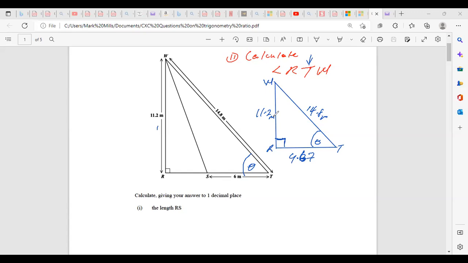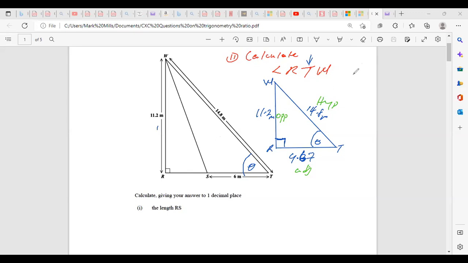So the question I ask you now, if we label the sides, opposite, hypotenuse, and adjacent, we ask ourselves, which two sides am I given? I'm given more than two sides. So basically I can use any formula. Which formula do you guys want to use?